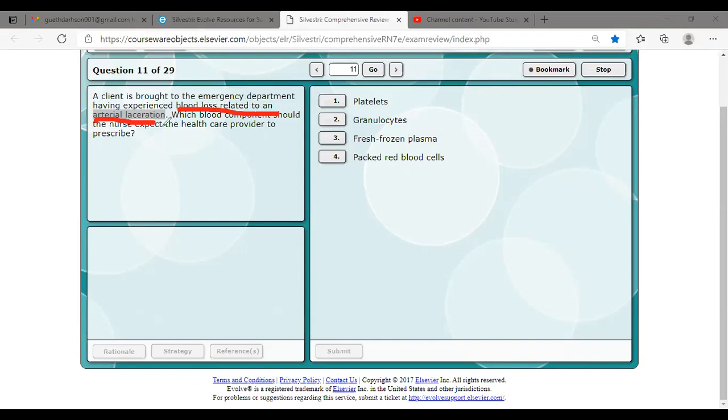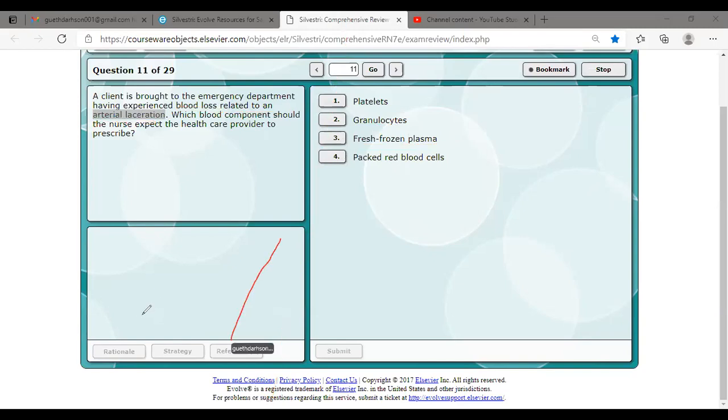So I have to choose something that helps increase the blood volume. In that case, frozen plasma is a good choice that increases the volume. Plasma is always kept frozen. So we choose this one.